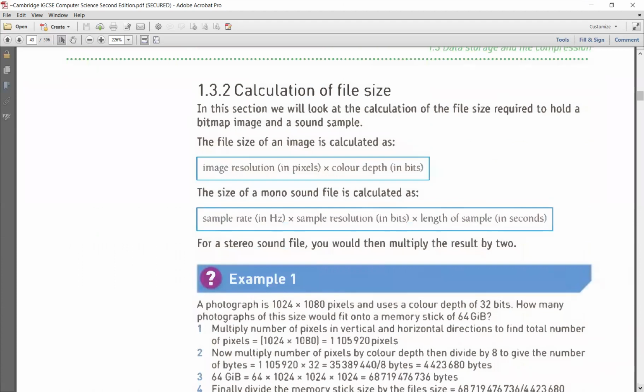Okay, moving further, calculation of file sizes, very, very important. And the simple thing that you need to remember is this formula: image resolution in pixels and the color depth. These two values will be multiplied together, and then you get the value in bits. If they ask you to convert it into bytes, you will divide it by 8. If they ask you to convert it into kilobytes, you will divide it by 1024 the answer that you have obtained right now.